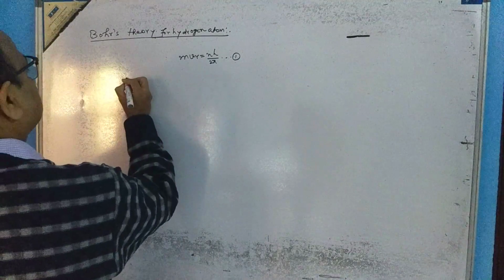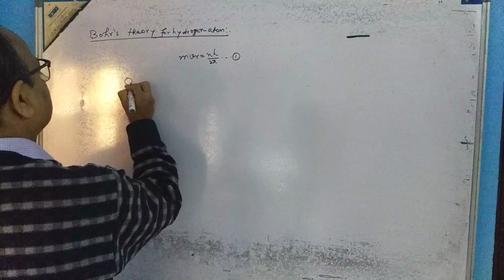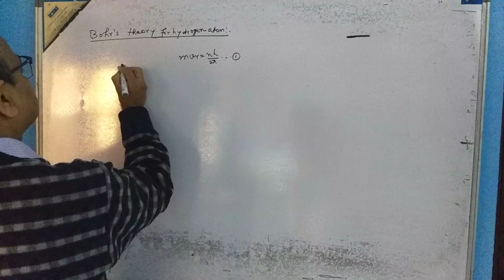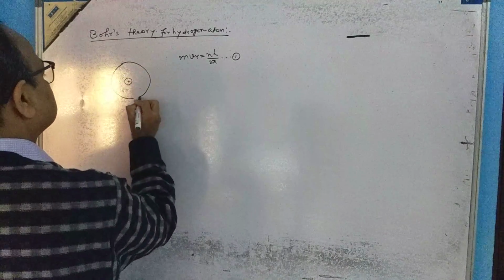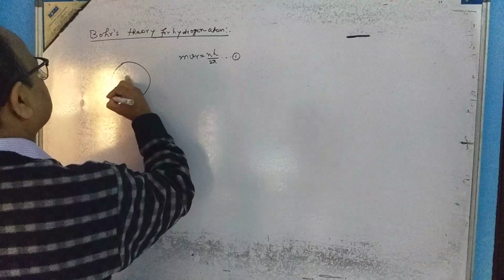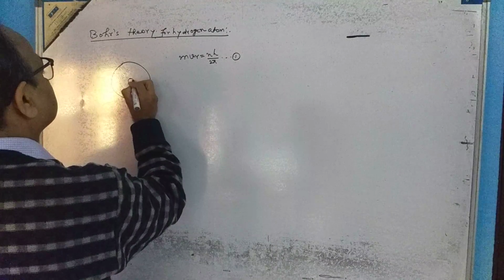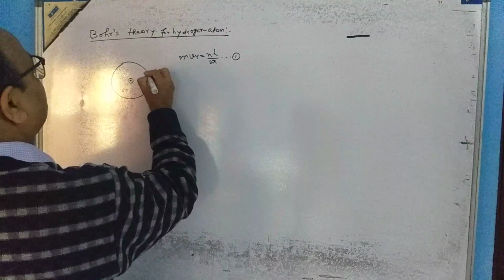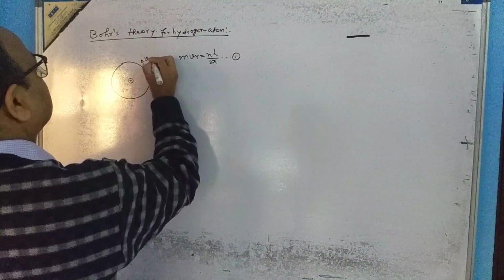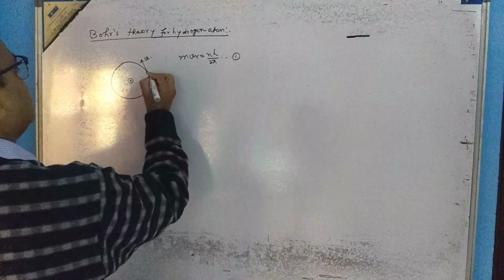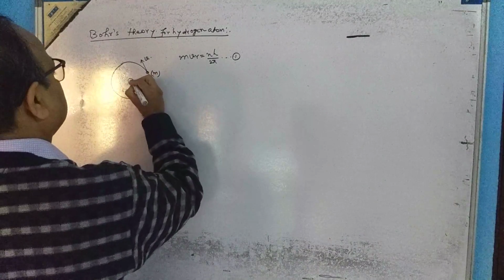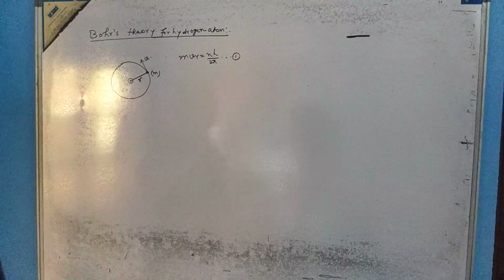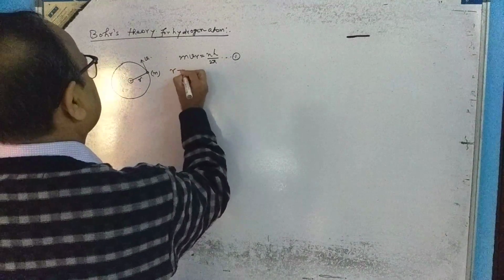Now see, you know, in a hydrogen atom there is one proton in the central part, and here is the orbit. Here the electron is revolving. Suppose the electron is revolving with speed v, and m is the mass of the electron, and this is the orbital radius.